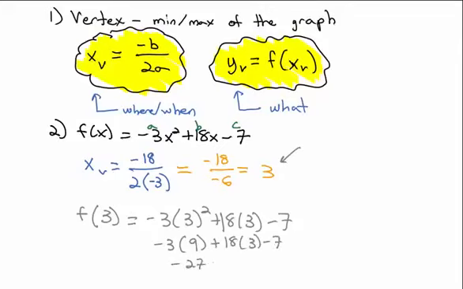Multiplying gives us negative 27 plus 54 minus 7. And that is going to be 20, I believe. So the maximum occurs when x is 3, and that maximum value is 20. We'll never get an answer out of this function bigger than 20, and that happens when x is equal to 3.